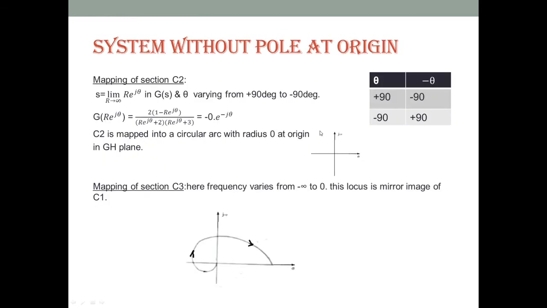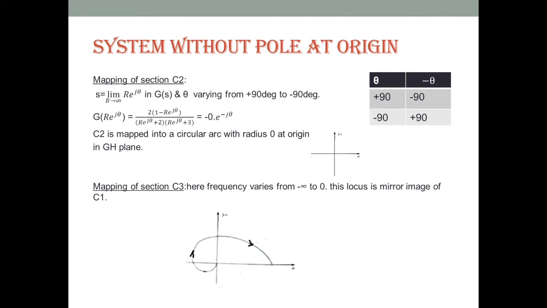So in case of mapping of C2, C2 is varying as limit r tends to infinity, r e to the power j theta. That means it is a semicircular arc of infinite radius, and theta is varying from plus pi by 2 to minus pi by 2, or plus 90 to minus 90.